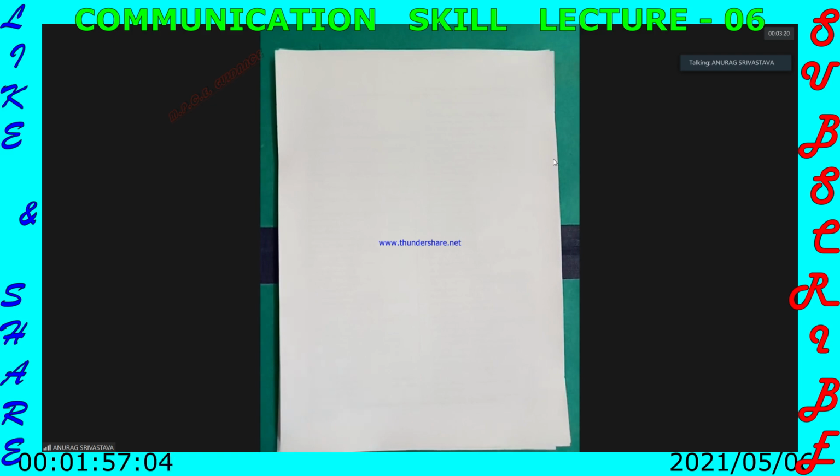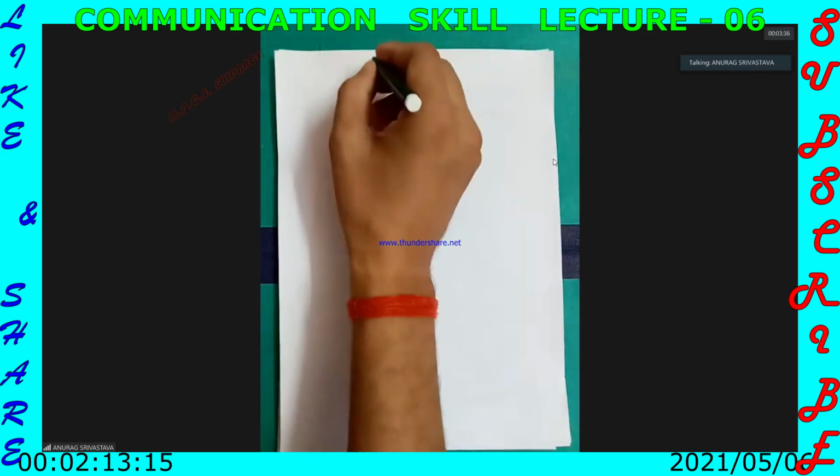But the past perfect tense is used to express those types of actions which have been completed a long time ago, जो काफी टाइम पहले कंप्लीट हो चुके हो, उसको शो करने के लिए हम लोग पास्ट परफेक्ट टेंस का यूज करें. फाइन. So let's start with past perfect tense.